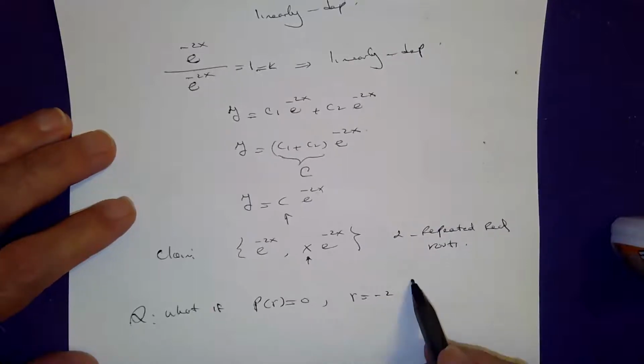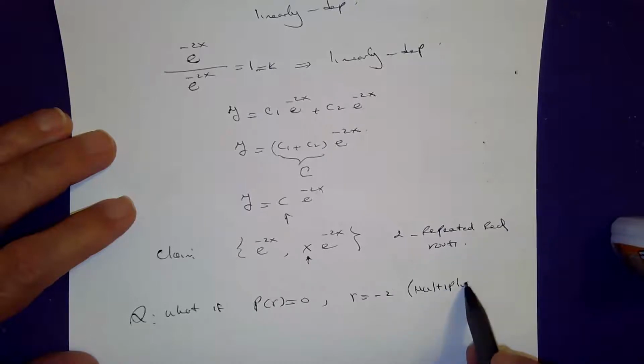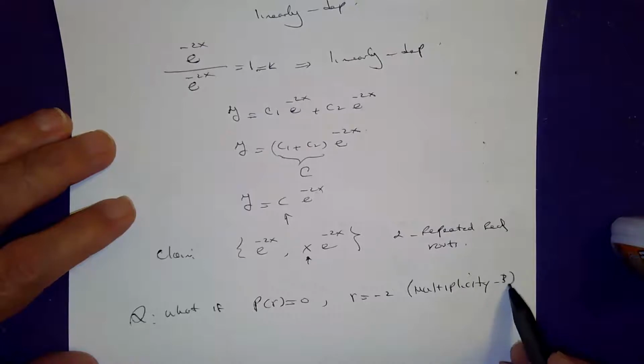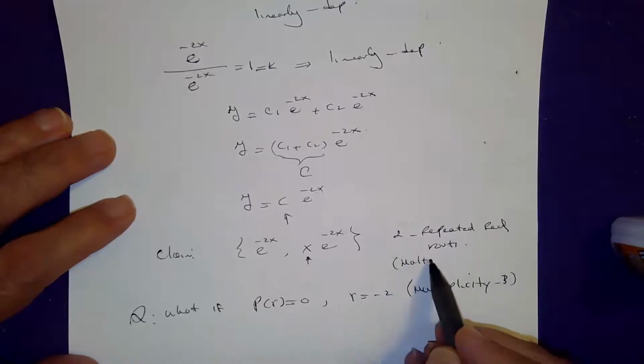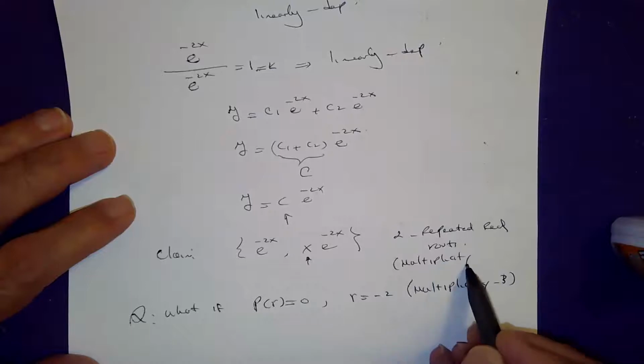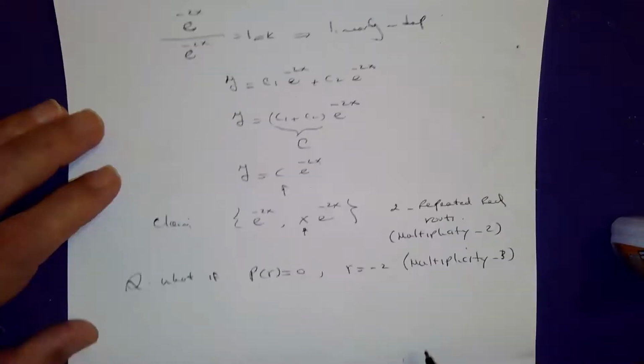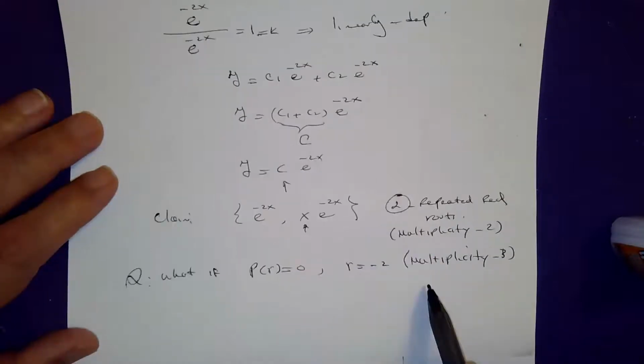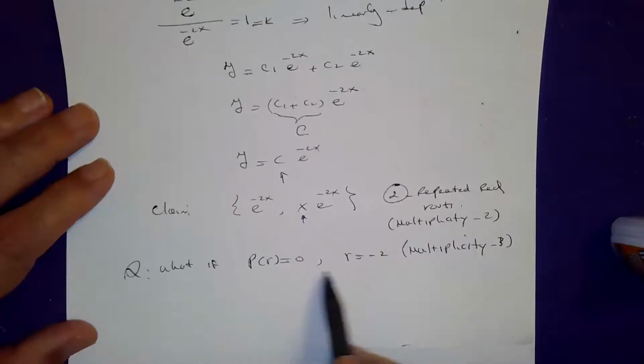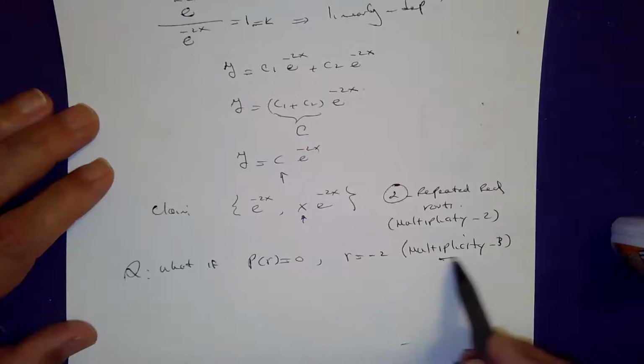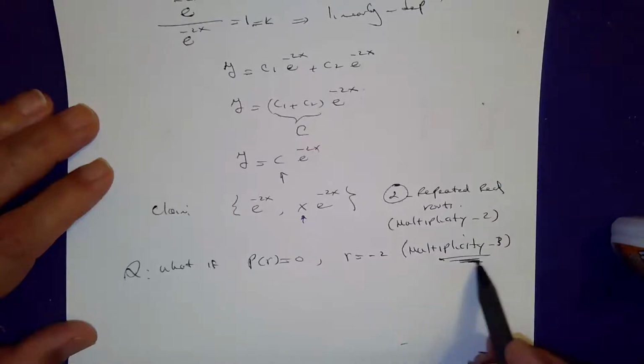We call that multiplicity 3. Here we call this multiplicity 2, which means you have two repeated roots. But suppose you solve the equation and got this 3 times, which we call multiplicity 3.